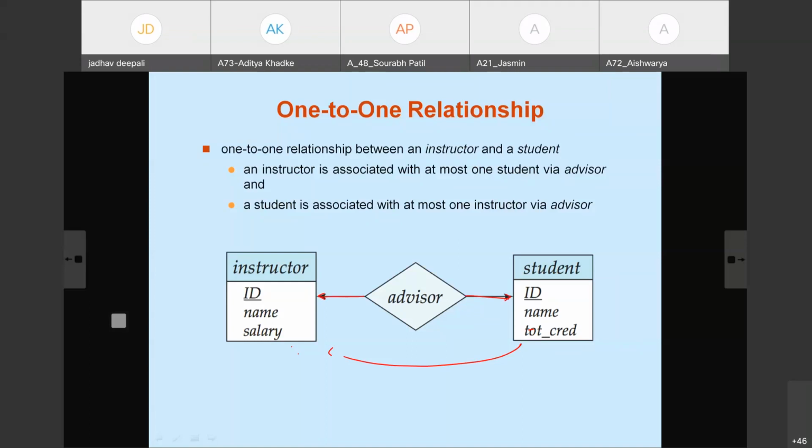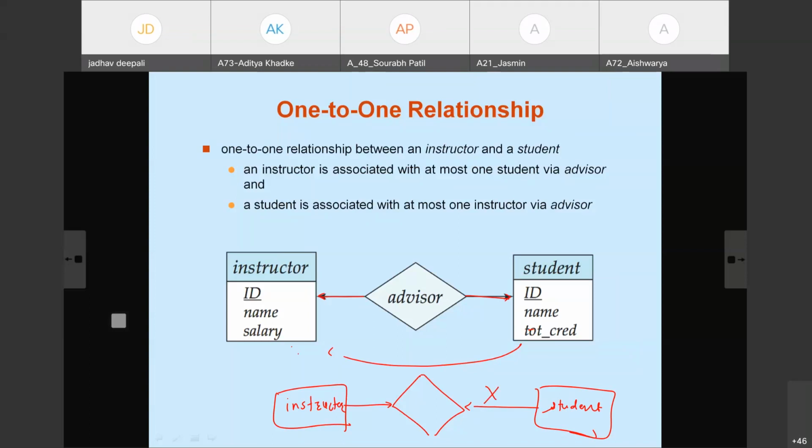See, an arrow in this direction is not allowed. I will draw it here. If it is a one-to-one, sometimes students draw it in this way. It is not allowed, remember that. The direction is always from the relationship set to the entity set.